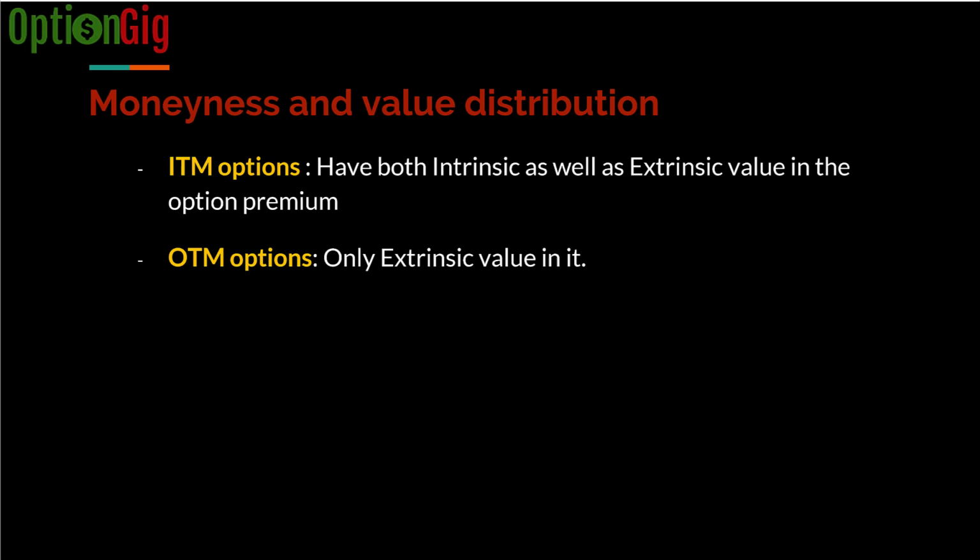Let's first talk about in the money options. The example that we just looked at was an in the money call option, because if the strike price of the call option is 45 and the stock is currently trading at 50, it is an in the money call option. Now for in the money call options, the option price will have both intrinsic and extrinsic value in the option premium.